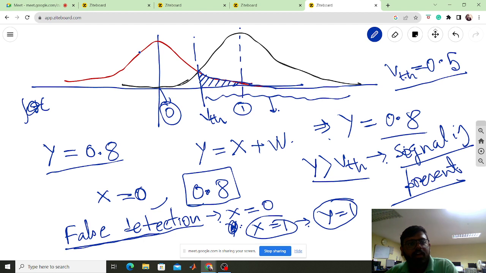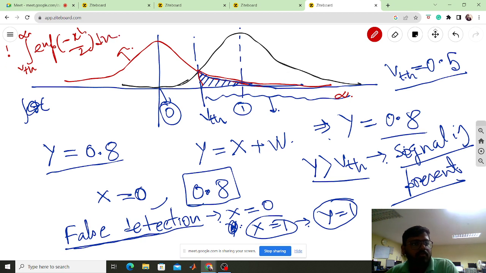Because this is the curve for the signal not present, but the small tail is exceeding VTH. So we have to do the integration from VTH to infinity over this Gaussian, and that will give us the probability that this false detection can happen.